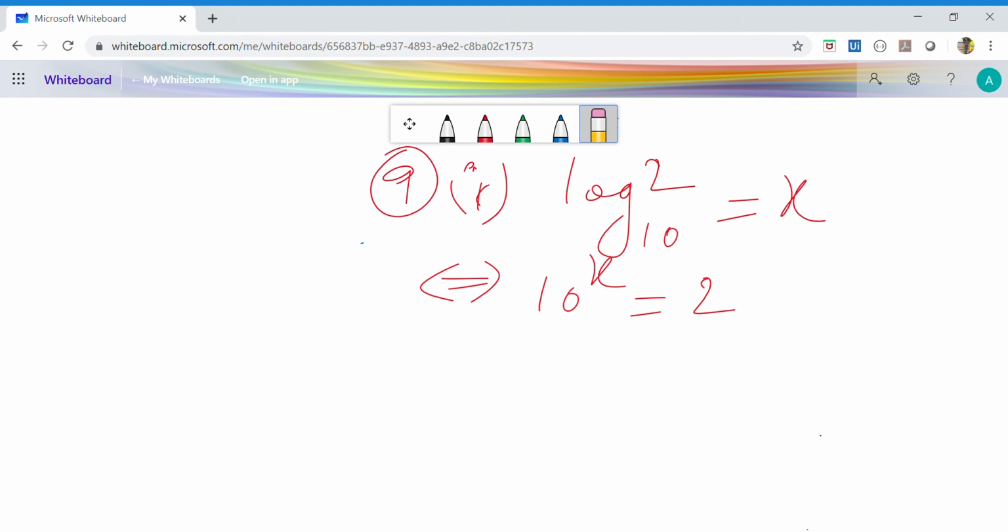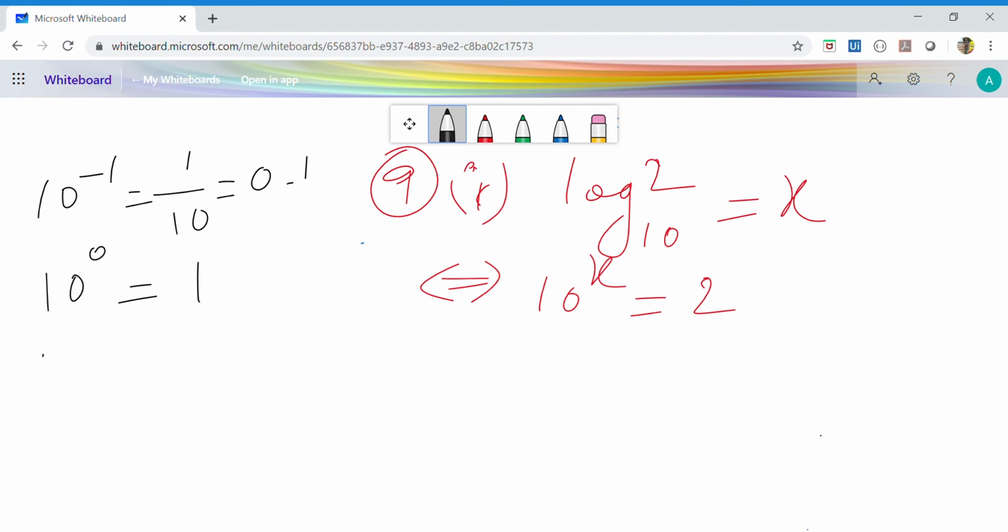Just simply I will explain here. Suppose 10 to the power of minus 1 you take, it becomes 1 by 10, which is 0.1, and if 10 to the power of 0 you take, a power 0 is 1, and 10 to the power of 1 you take, it becomes 10. So for any value of x, either minus 1 or 0 or 1, its value doesn't equal 2.